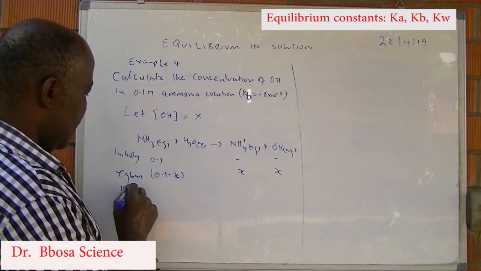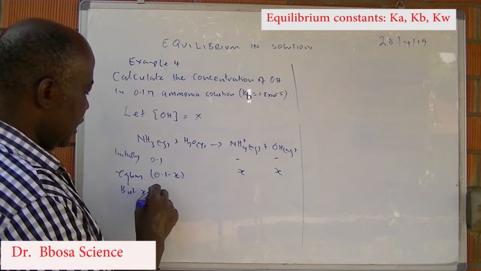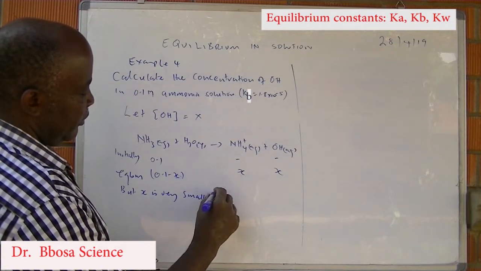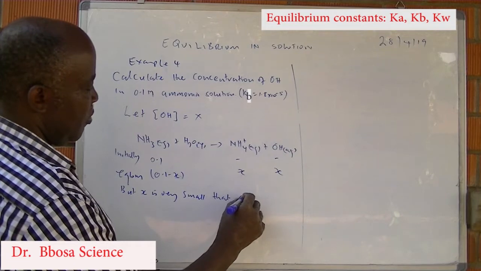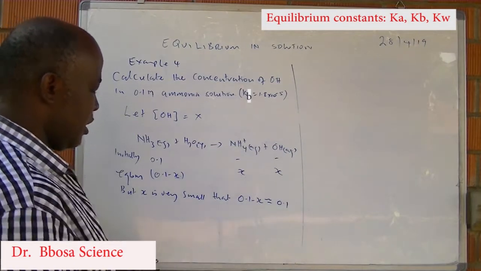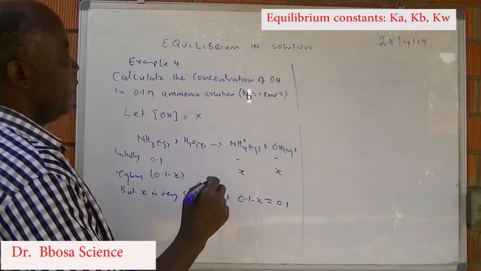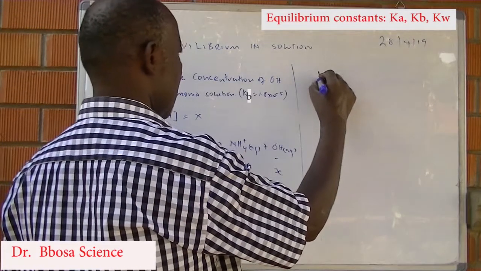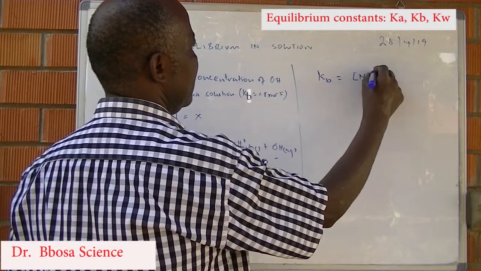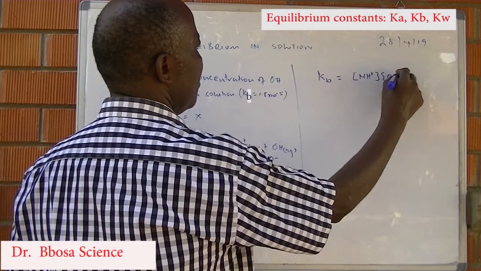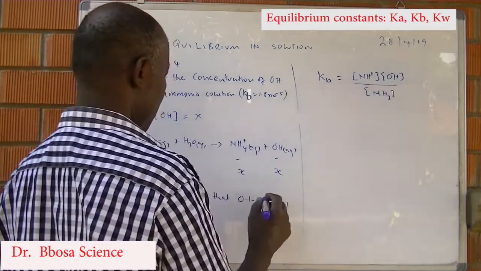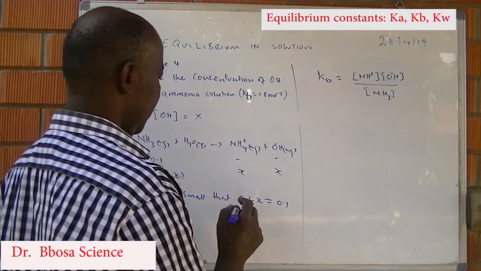but X is very small, so that 0.1 minus X is approximately equal to 0.1. Kb is equal to the concentration of ammonium ion times the concentration of hydroxide ion over the concentration of ammonia.